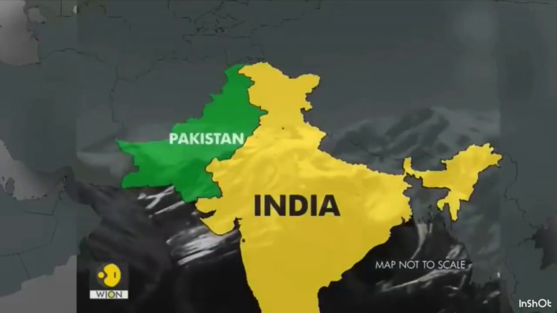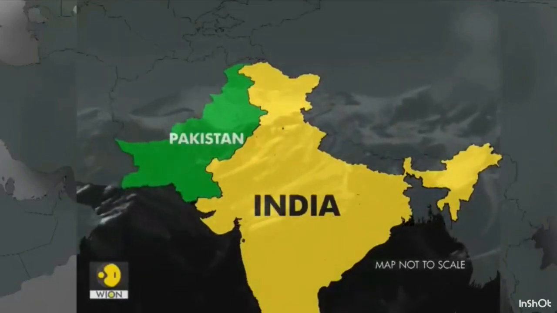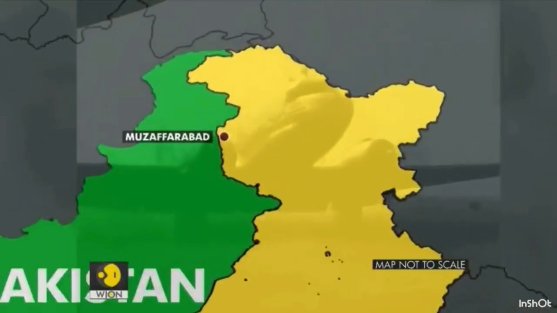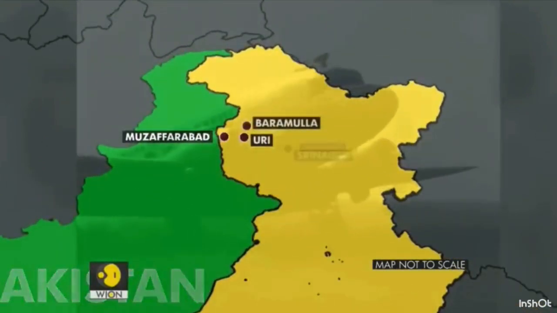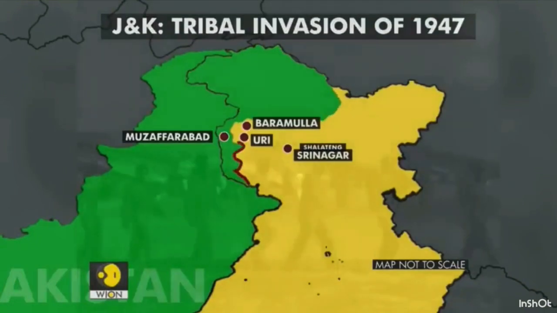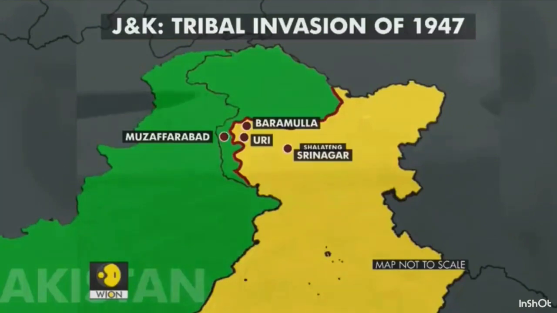Post-war, when the ceasefire happened, of the 2.6 lakh square miles area of the erstwhile princely state of Jammu and Kashmir, only 65% remained with us, while 35% is still coveted by Pakistan as Pak-occupied Kashmir.